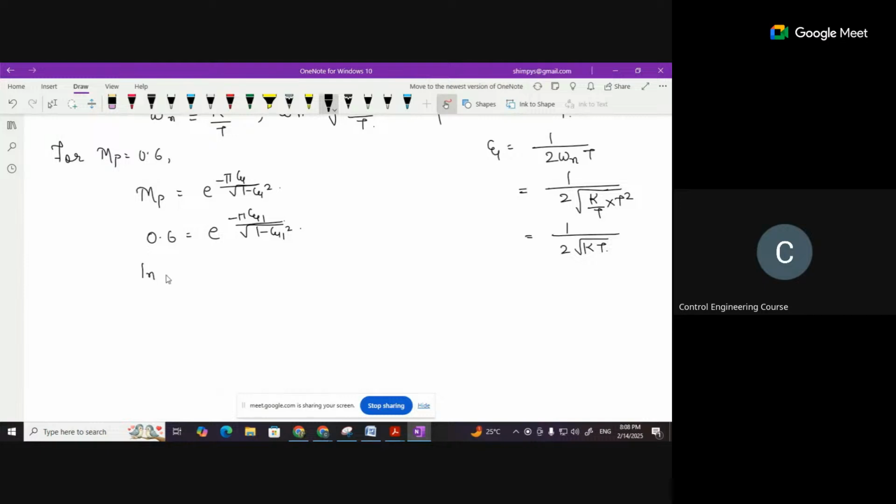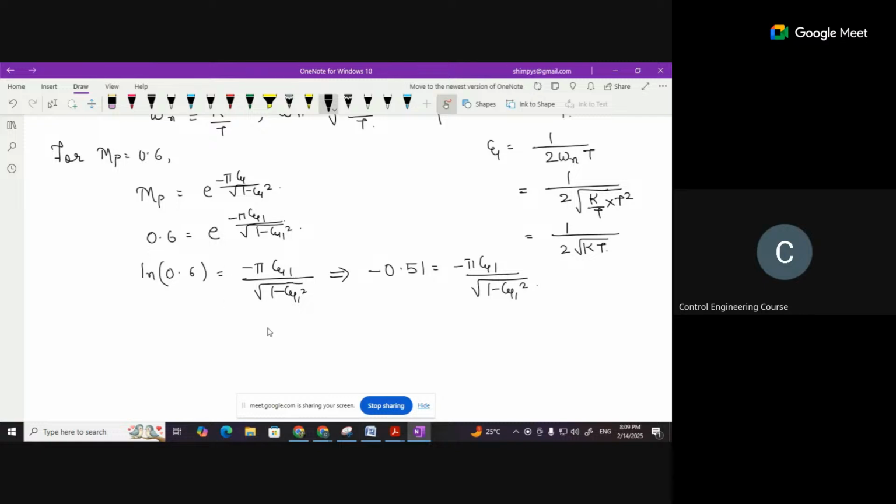Now, can I take log on both sides, natural logarithm? Okay, so minus pi zeta 1 by root over 1 minus zeta 1 square, and log of e will be equal to 1, right? On solving this will give me minus 0.51 equals minus pi zeta 1 by root over 1 minus zeta 1 square, right?